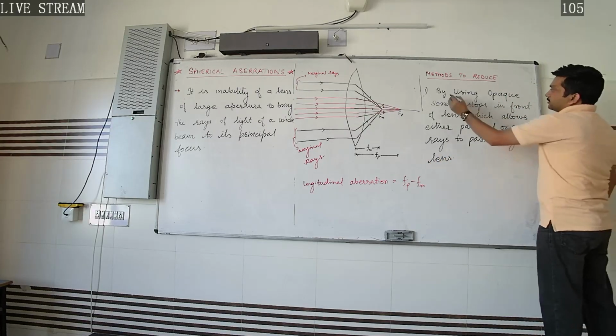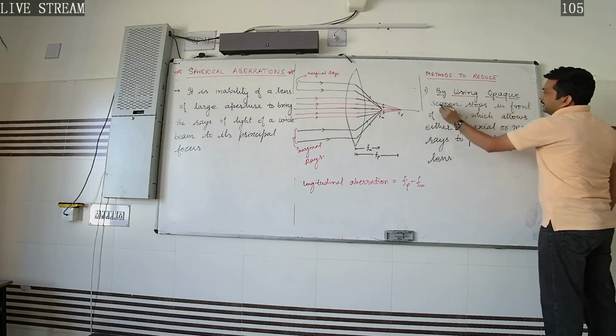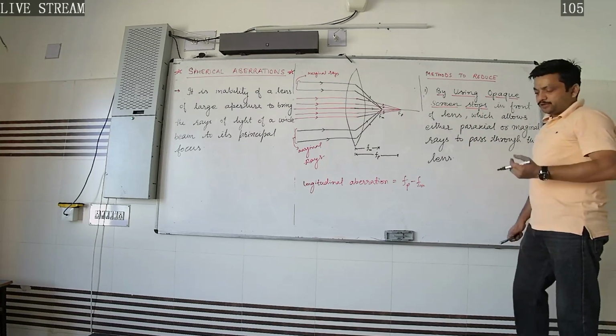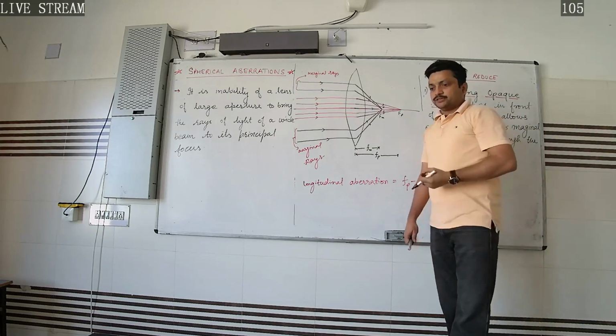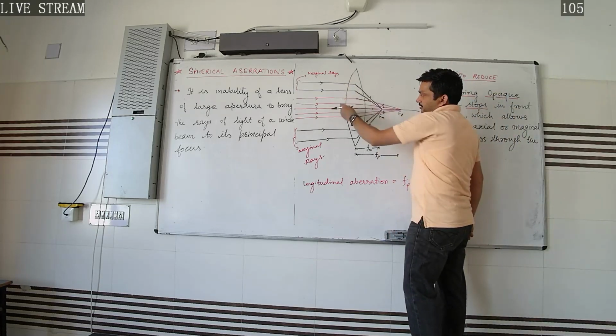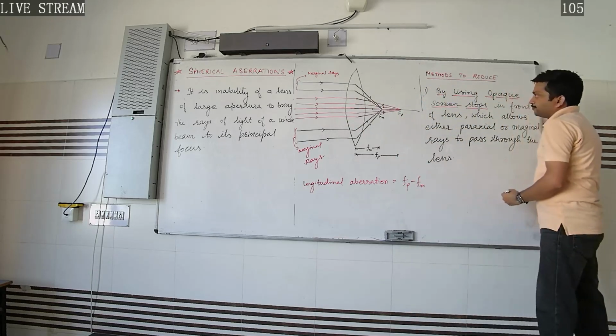So the first method is by using opaque screen stops. Opaque screen stops may be, say, cardboard. Small stops are placed here in this way, so only either the paraxial or marginal rays can pass.